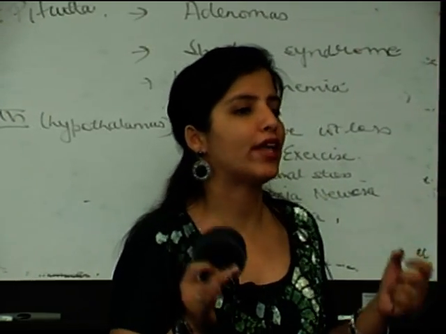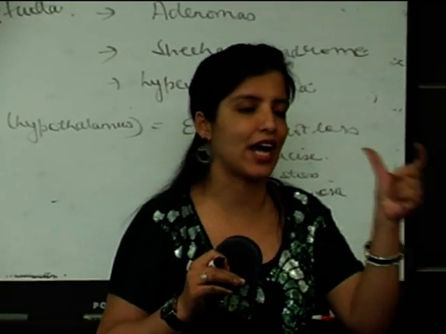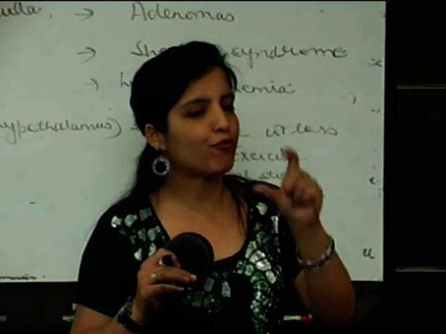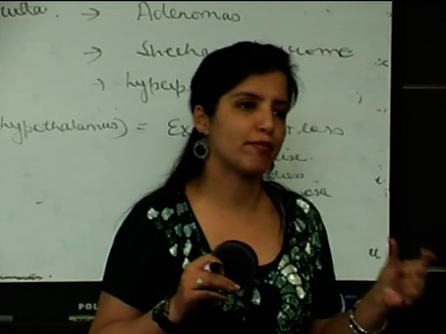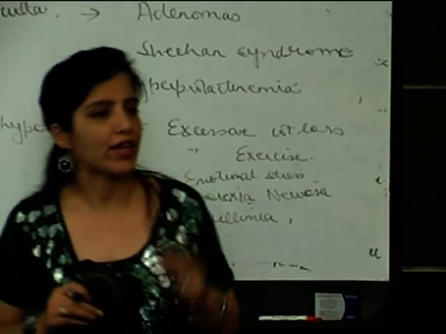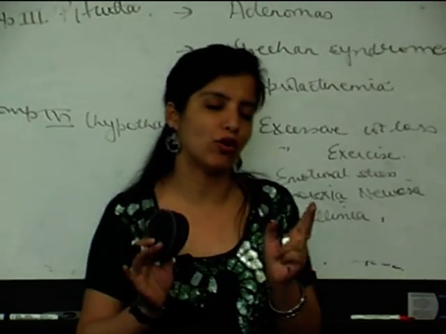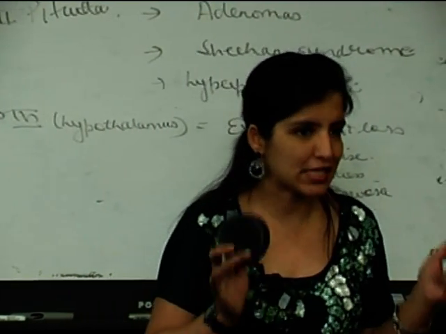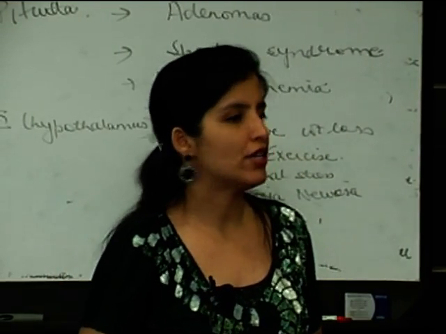Normally a female menstruates for 2 to 5 days. If the bleeding is for less than 2 days, that is called hypomenorrhea. Besides this, there will be infertility in case of Asherman syndrome.